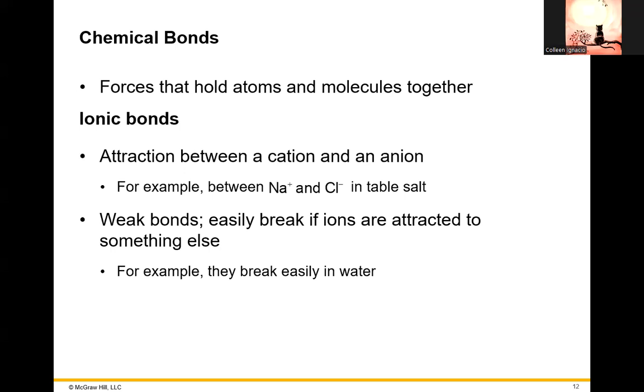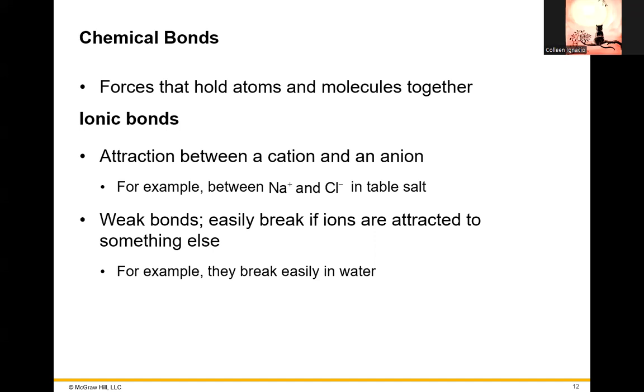Now, chemical bonds, we just mentioned covalent bonds in the previous slide. Chemical bonds are the forces that hold atoms and molecules together. So when we think about chemical bonds, the covalent bonds help those atoms stay together by sharing valence or outer electrons. Now, ionic bonds are attraction between a cation and an anion.